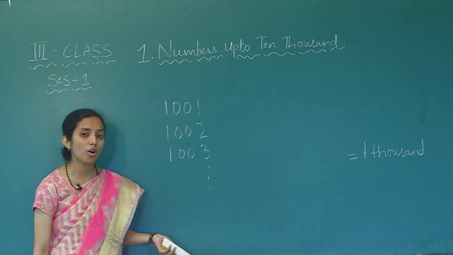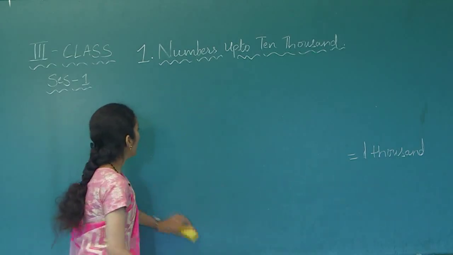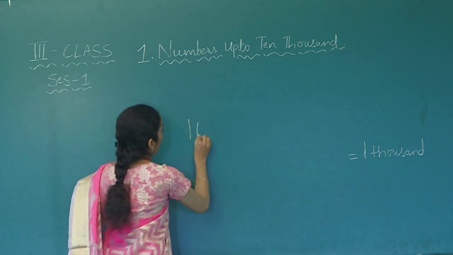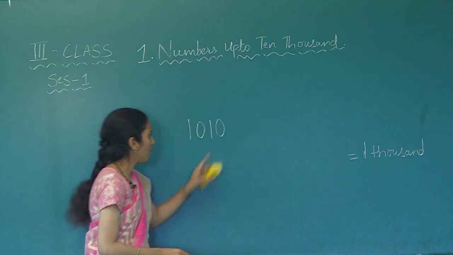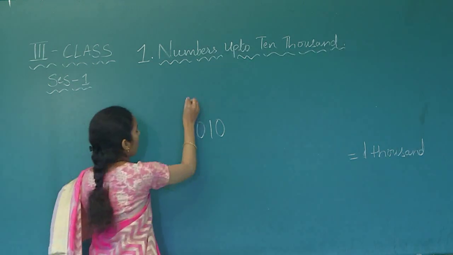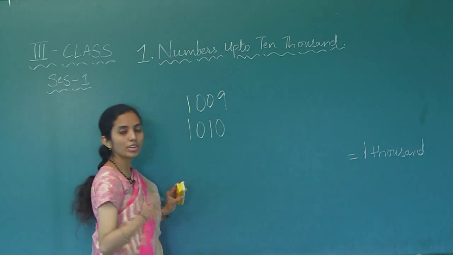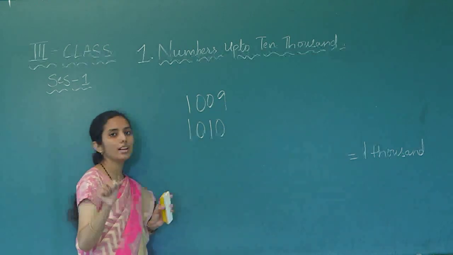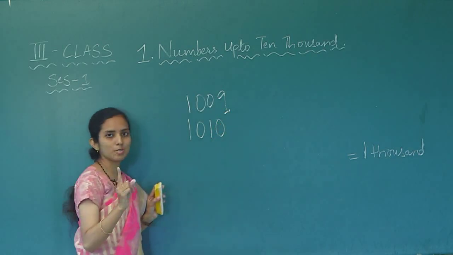And how do you write 1010? 1010 should be written in this manner. So how did you write 9? 1009. So till 9 it is single digits, so we have replaced only the ones place.